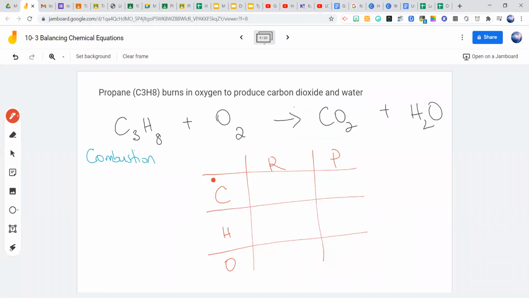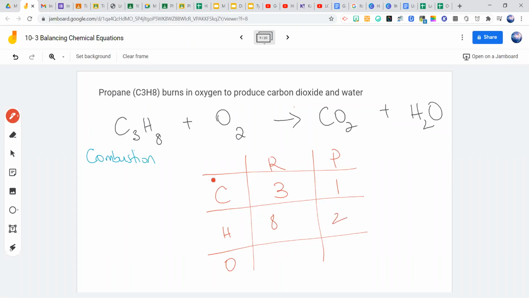We have how many carbons on my reactant side? 3. How many on my product side? 1. Very good. How many hydrogens? 8. How many on this side? 2.